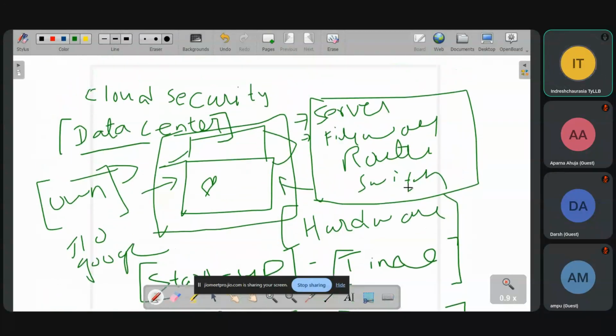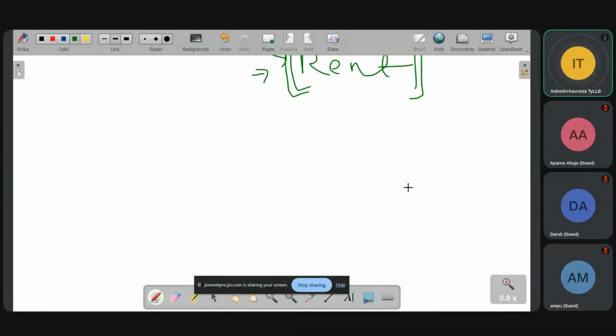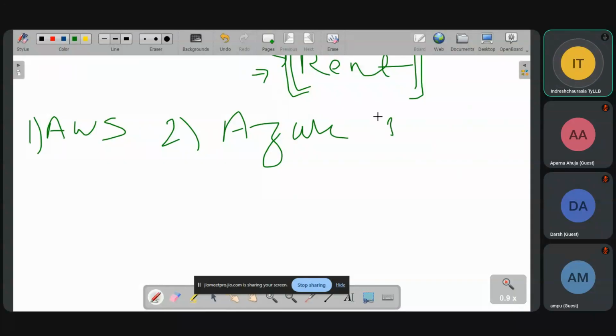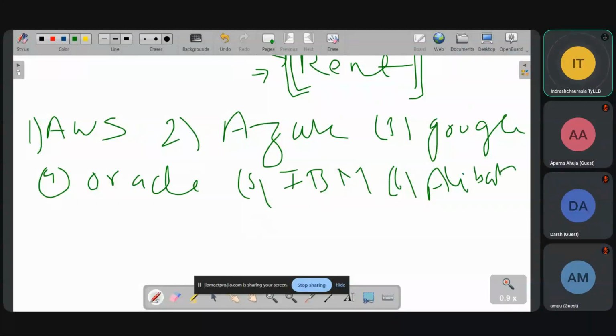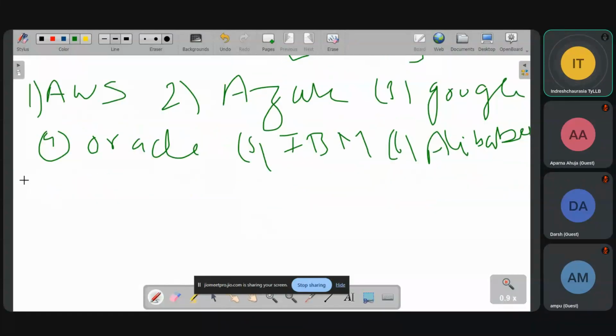Similarly in data centers, there are companies like AWS, Azure, or Google. There are many companies. Fourth is Oracle, fifth IBM, sixth Alibaba. These companies build their own physical data centers all over the world.